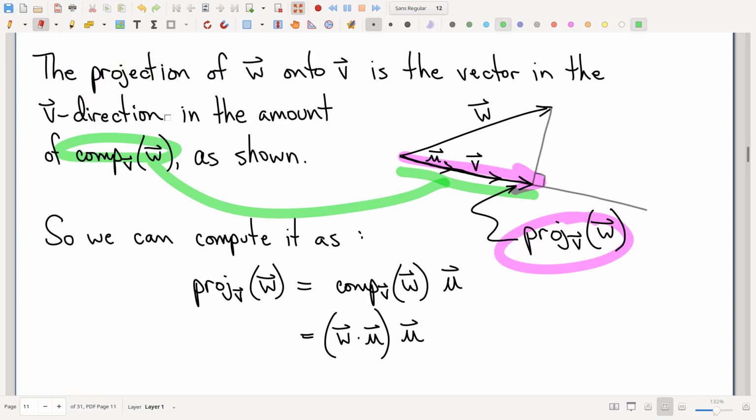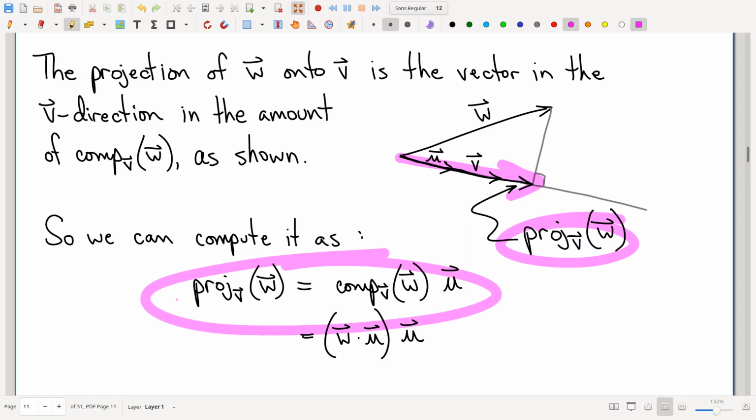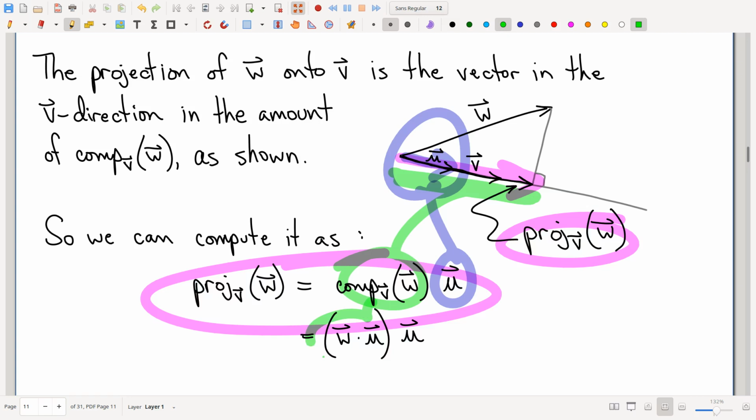And so making this observation, the vector that we're interested in here, this projection, is very easily written by noticing again that the unit vector is something that we know how to compute. And again, the scalar, how much we multiply that unit vector by, is also something that we know how to compute. So, very handy little formula.